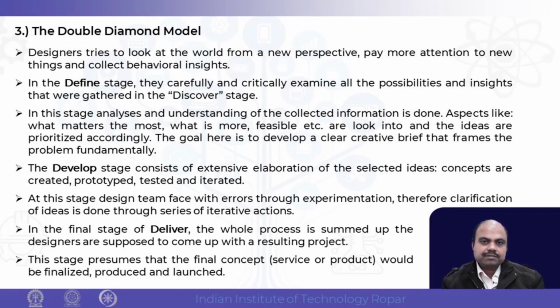The next step, as already discussed, is the develop phase, which consists of extensive elaboration of the selected ideas, concepts created, prototypes tested, and iterated. So at this stage, the design team faces errors, experimentation, clarification, and a series of iterations and actions.